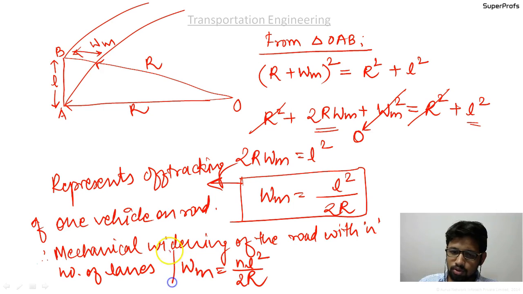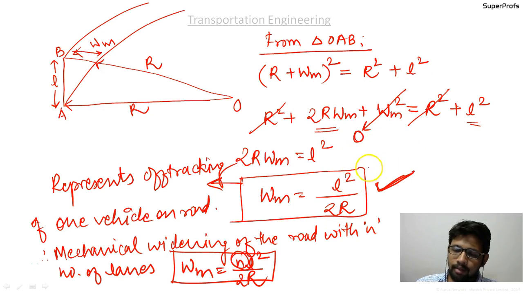Okay, so this was for only one lane. But the road has got n number of lanes, so we say that there will be n number of vehicles standing adjacent to each other. That's why the mechanical widening for those many lanes will be given by NL square by 2R.